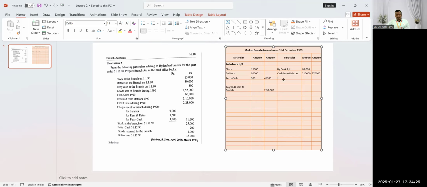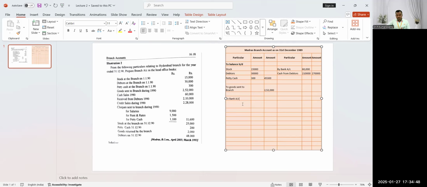Next one is cheque sent to branch during 1990. Cheque sent to branch means what? Head office is sending cash to the branch for meeting day-to-day expenses. So here, to bank or by bank? You should write to bank. Madras branch account debit to bank account.